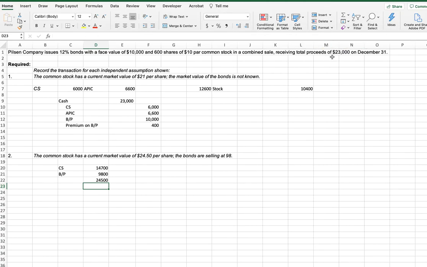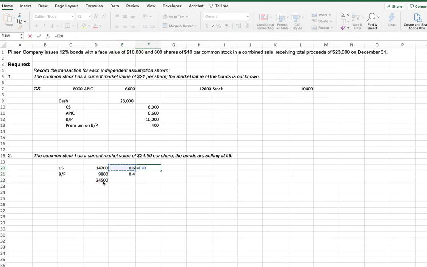But we're only receiving $23,000, so we have to allocate the $23,000 across the stock and the payable. And so we can do that by determining the percentage. So we can say equals 14,700 divided by 24,500, and we get 60% belongs to the stock, so clearly 40% belongs to the bond.